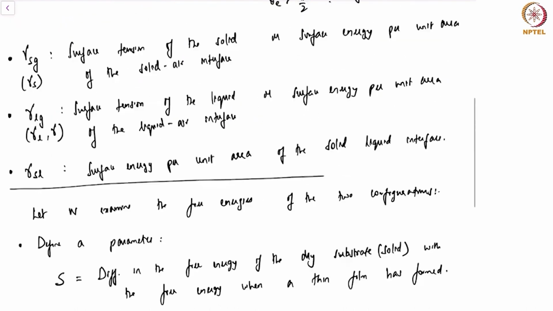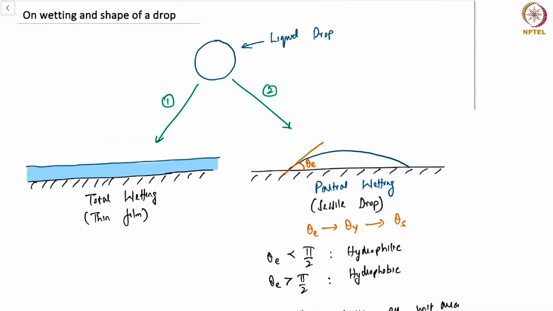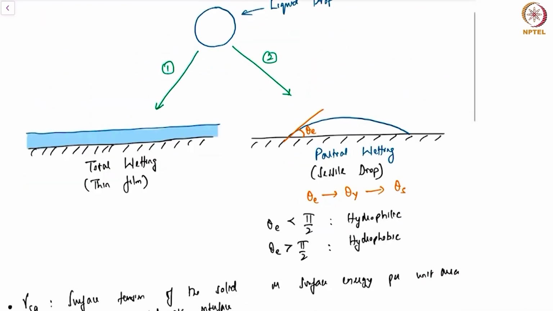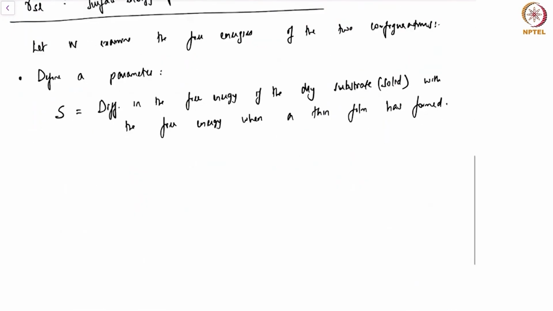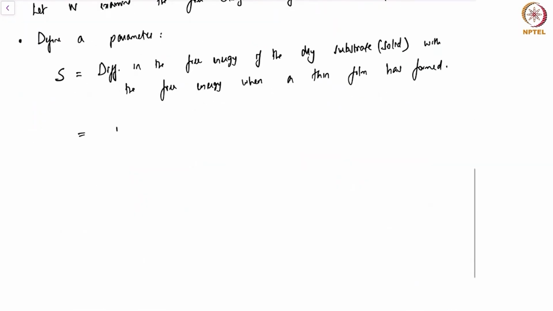Let's look at the situation in configuration 1. So in configuration 1, before you place the droplet, you basically have just a dry solid surface. So the surface energy of that configuration is just, we'll call it E dry.